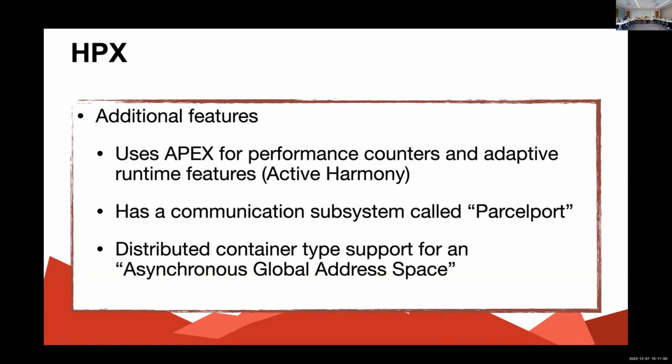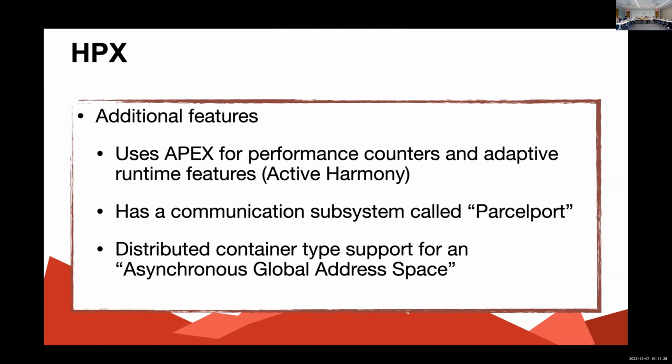Some additional features. APEX is a performance counter auto-tuning library that wraps Active Harmony, and that can be integrated into the runtime system. And so you can get this very unique way of, or pardon, introspection into what your user land threads are doing when you construct your task graphs with asynchronous calls. The communication subsystem for HPX is called Parcel Port.